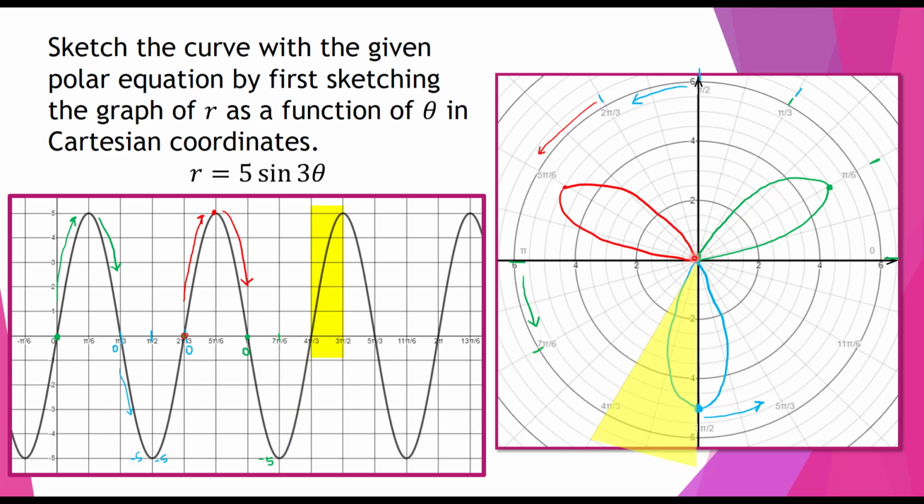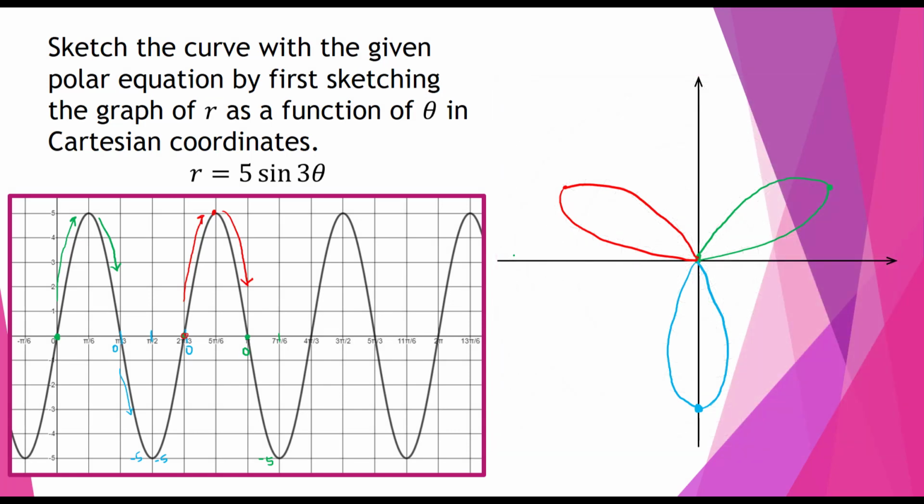From 4 pi over 3 to 3 pi over 2, we get this portion. From 3 pi over 2 to 5 pi over 3, we get this portion. And from 5 pi over 3 to 2 pi, we get this loop that I've drawn in red a second time. So our overall graph is this 3-leaf rose. Of course, the colors I've used to draw the graph don't mean anything.